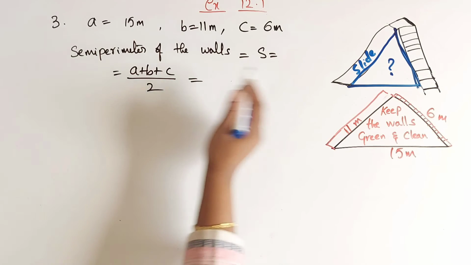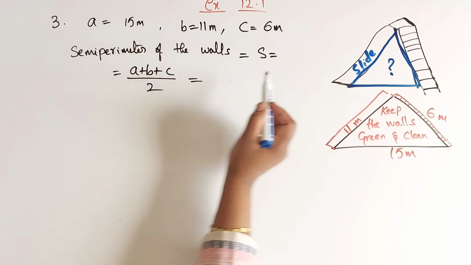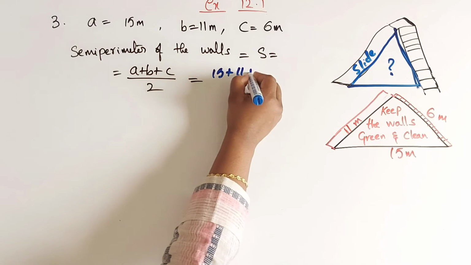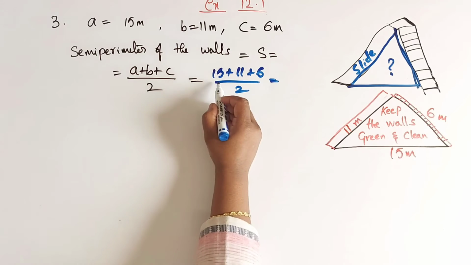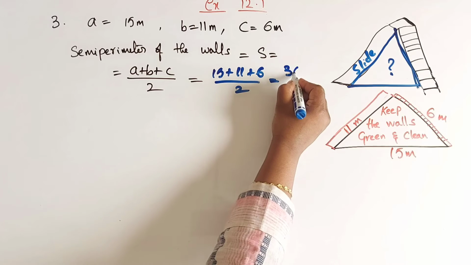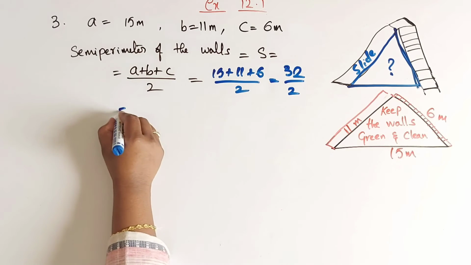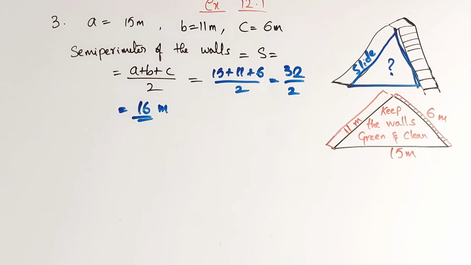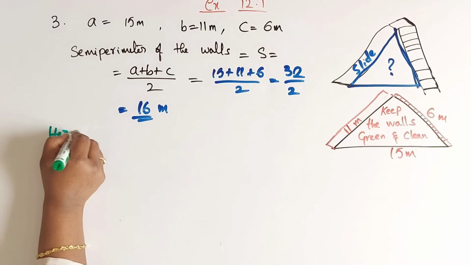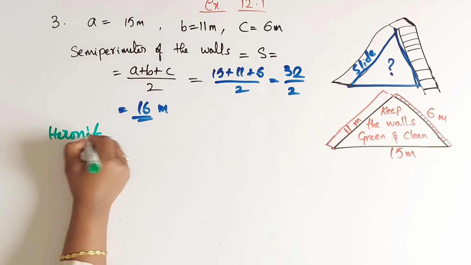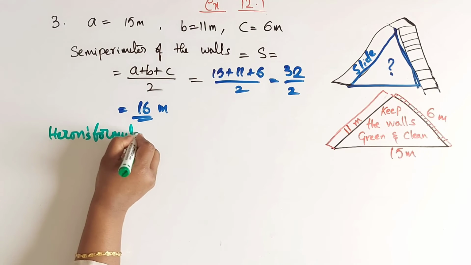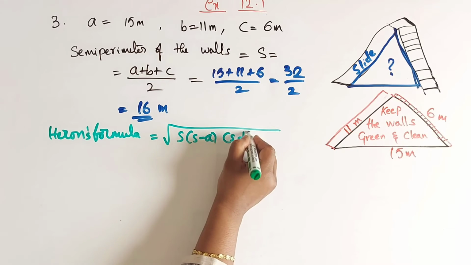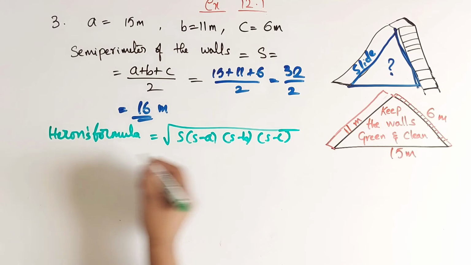Let's find out the semi-perimeter of the walls. S equal to A plus B plus C by 2, children. That means 15 plus 11 plus 6 divided by 2. 15 plus 11 plus 6 equal to 32 meters, by 2, that means it is 16 meter. S equal to 16 meters. Now we use Heron's formula: root of S into S minus A into S minus B into S minus C, children.